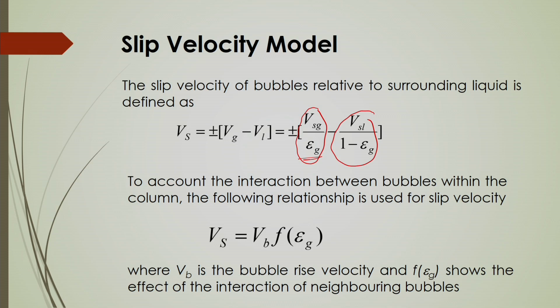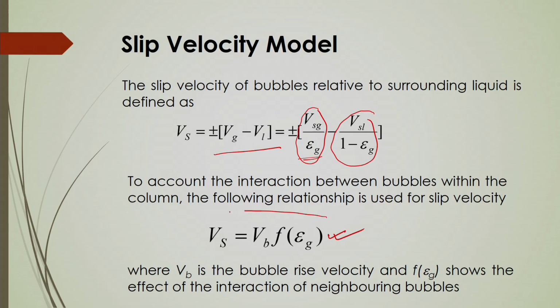To account for the interaction between bubbles and the column, the following relationship can be obtained, as given here. So, the slip velocity will be a function of the gas hold up, because the slip velocity is actually the relative velocity of the actual gas and liquid velocity, which are related to the gas hold up. So, the slip velocity can be related by this equation.